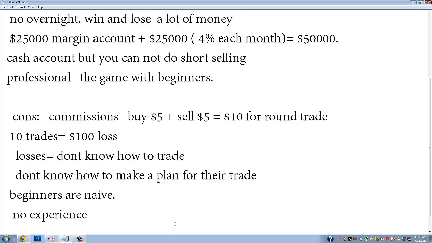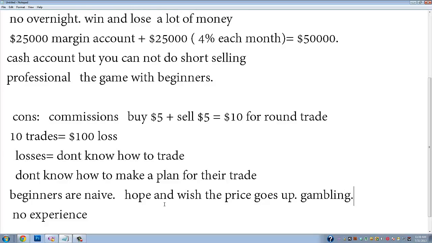For example, when they do the trade, they hope and wish the price goes up, and this is gambling. In trading, you shouldn't wish and hope. You should make a plan and follow it. If you are making money, you stay in the trade.